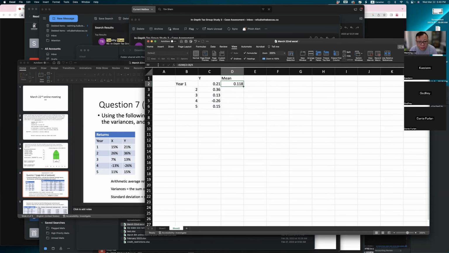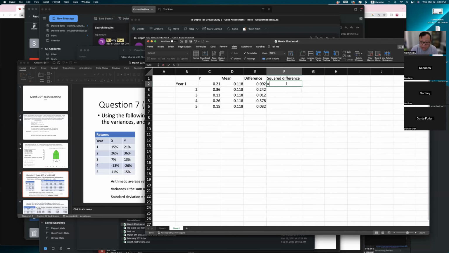Okay, so now I calculate the difference. I use this one minus the mean. So I get all these differences, and then I do the squared difference.